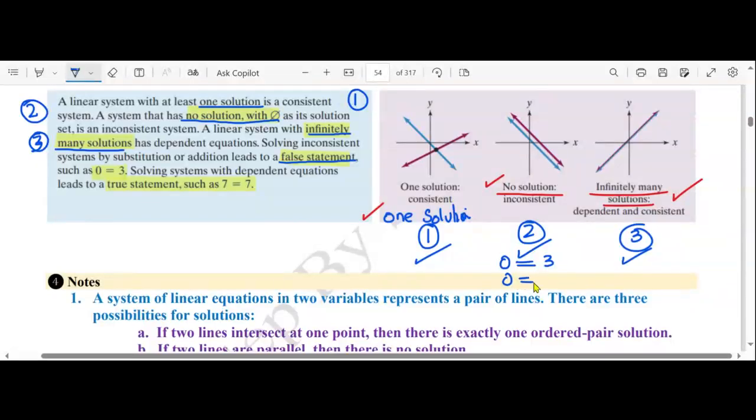It doesn't have to be 3. It could be 0 equals 4, right? Any number. But the answer is what? False. Now, if you are getting overlapping, the answer would be like 0 equals 0 or 7 equals 7, which is what? False or true? True. So that's if you are using substitution or elimination.